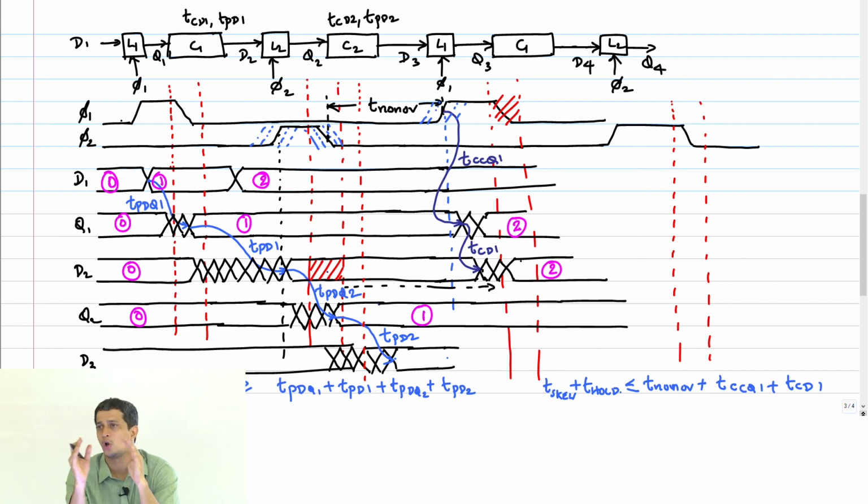So the point is, non-overlapping clocks is actually giving you a lot of window. That's how you are able to get over this. If your non-overlap period is large enough, you will not have hold violations at all, as very evident from this waveform. It's only when this non-overlap becomes 0 and phi 2's falling edge almost coincides with phi 1's rising edge, then you will see this violation happening.